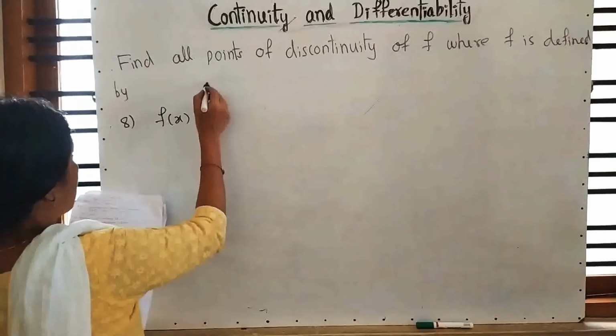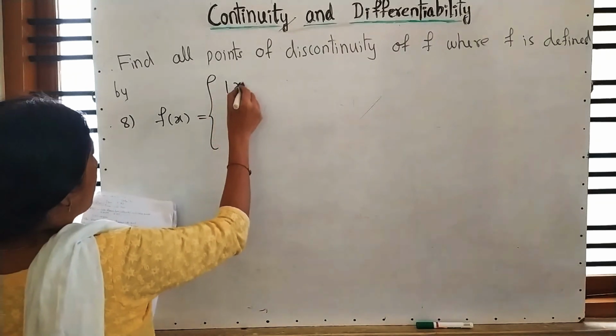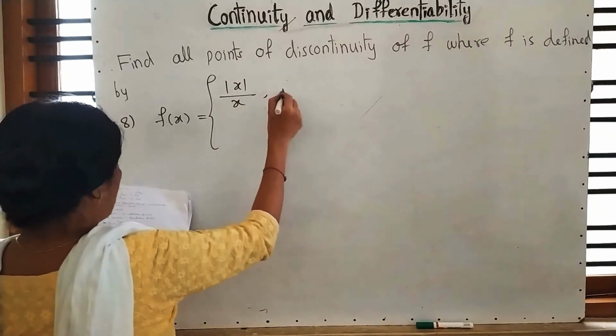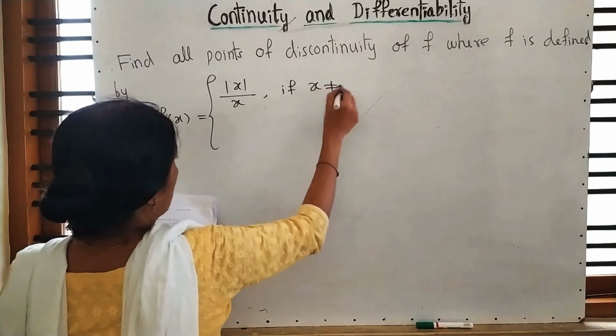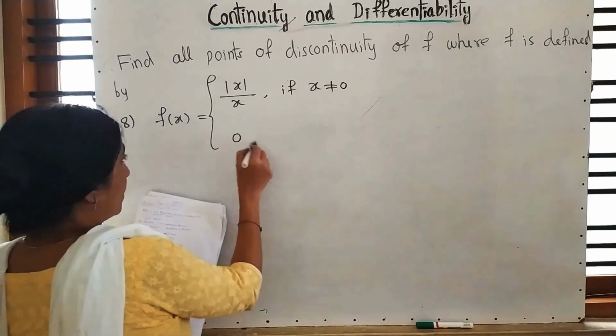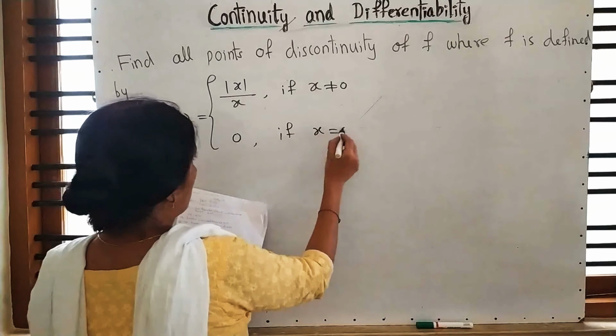F of x is equal to mod x upon x if x is not equal to 0, and 0 if x is equal to 0.